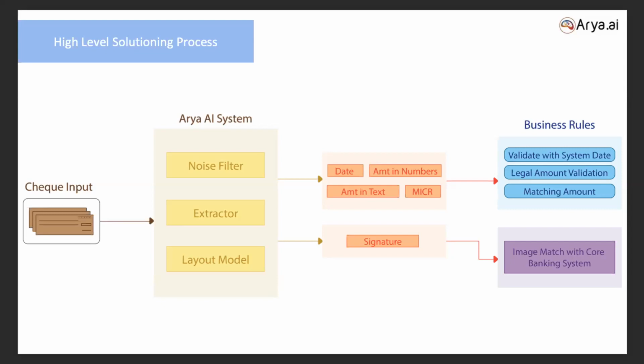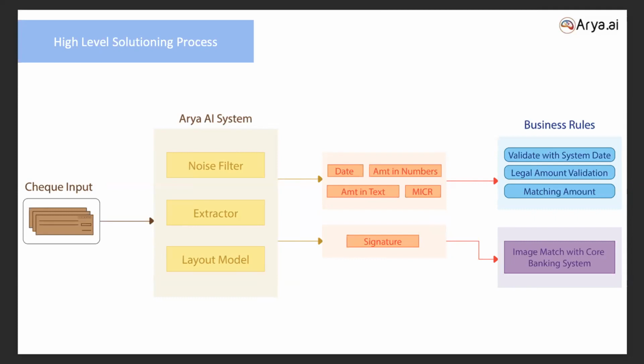So here we put up a lot of business rules on whether this particular check is valid or not. The validity is 90 days for business rules as per Indian banking requirements. If the date lies within 90 days from the date of issuance, then that's a valid check.